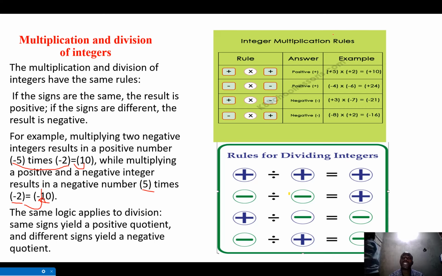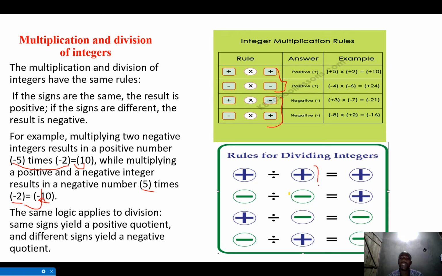We can understand that further by looking at the slides and the pictures displayed here. For multiplication, positive and positive, you get a positive; negative and negative, you get a positive, because in each case they are the same signs. Then positive and negative, and negative and positive, each will give a negative because we are multiplying different signs. The same applies to division.